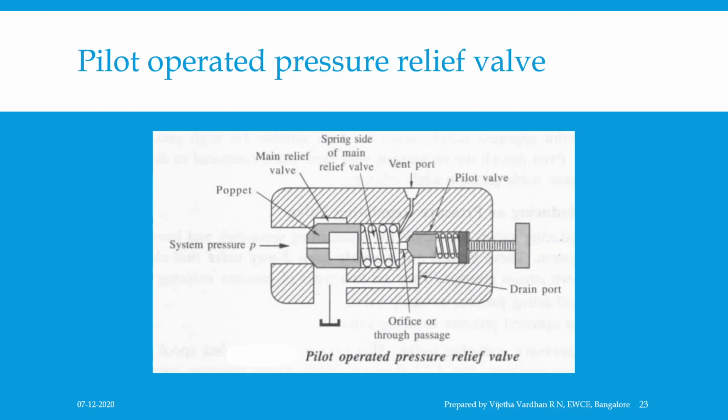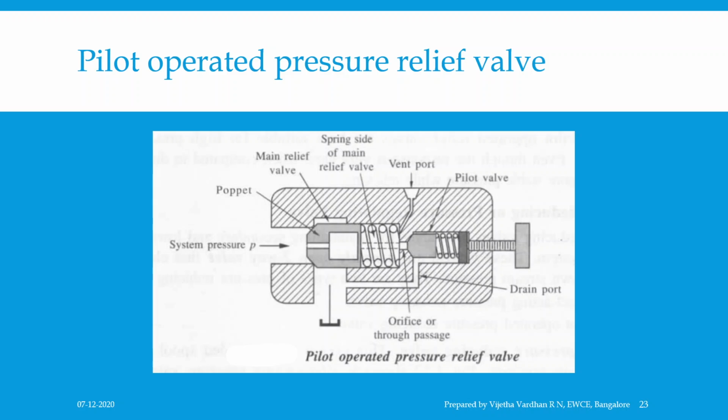Then upon working, the pilot operated relief valve operates in two stages. As the system pressure increases, the pressure in the passages rises on the pilot poppet. When the pressure reaches the set pressure of the pilot valve, the pilot opens and allows the fluid to flow back to the tank through the drain port till the system pressure is equal to the set pressure.